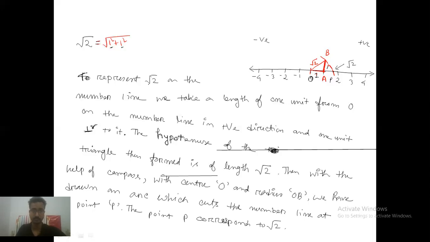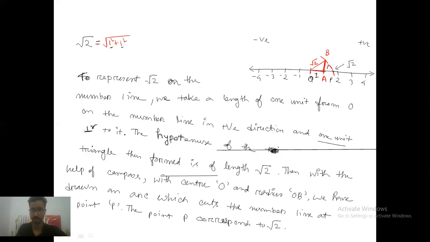To represent √2 on the number line, we take a length of 1 unit from O on the number line in the positive direction and 1 unit perpendicular to it. Now the hypotenuse of the triangle formed is of length what?